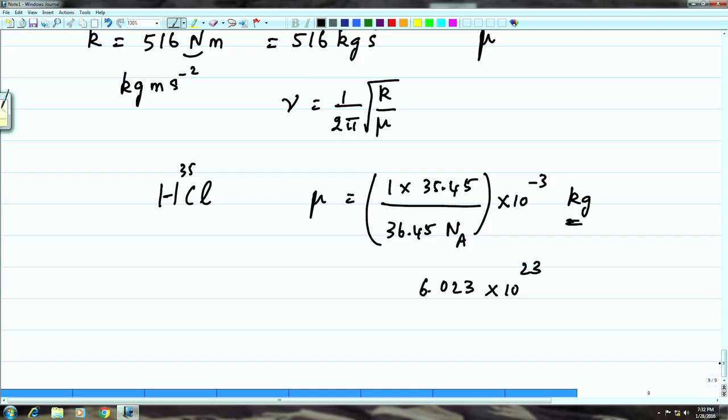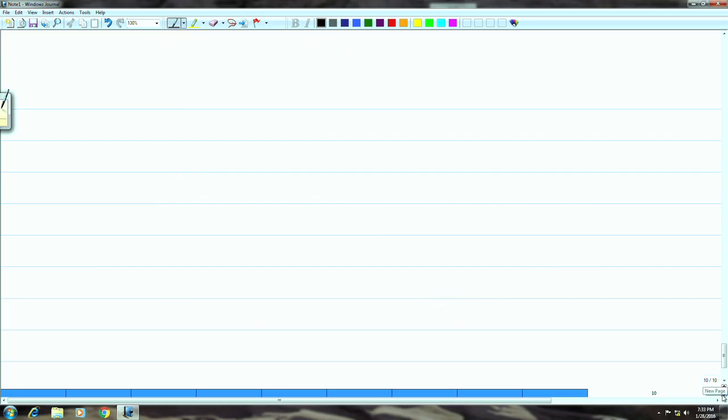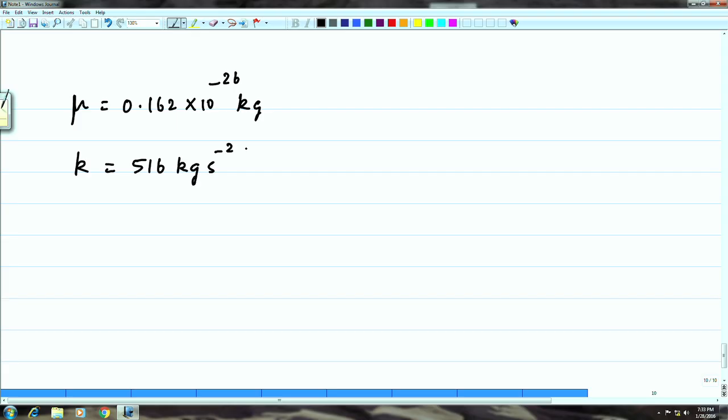So, with this number, it is easy to calculate that the reduced mass is approximately 0.162 times 10 to the minus 26 kilograms. The force constant is 516. So, let me write mu here as 0.162 times 10 to the minus 26 kg, and the force constant is 516 kilogram per second square.